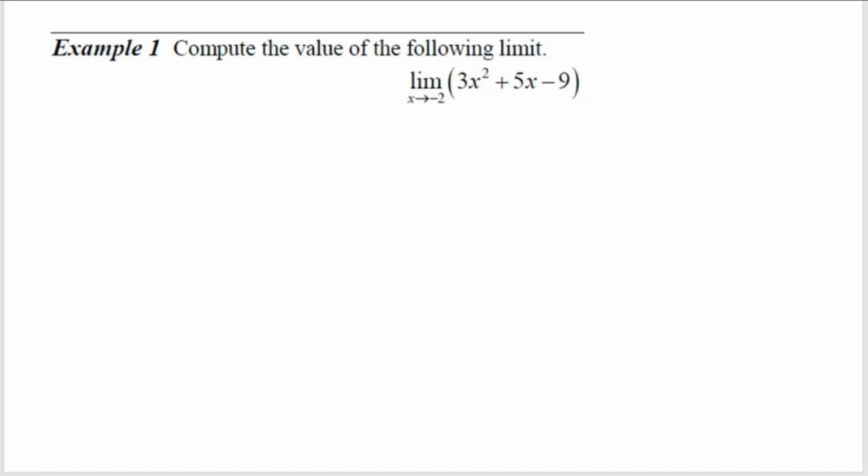Okay, number one, compute the value of the following limit. Did you see the difference in the statement? A while ago, I said estimate the value of the limit.